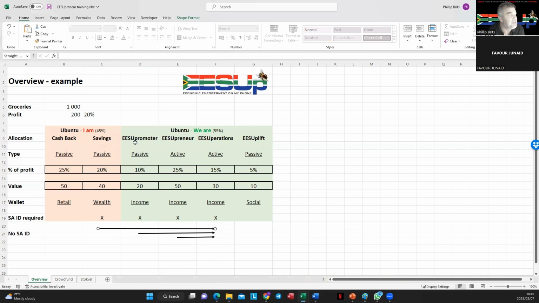Okay. So the EaseUp promoter, you're already an EaseUp promoter, you already started promoting people. So your EaseUp promoter is for you a passive way to earn income. So if the 12 people that you have promoted buy from EaseUp every month 1,000, you will get 240 Rand every month for the rest of your life for as long as they buy.